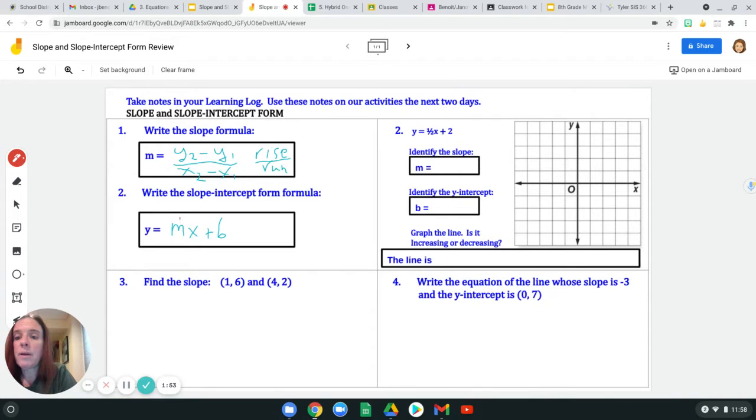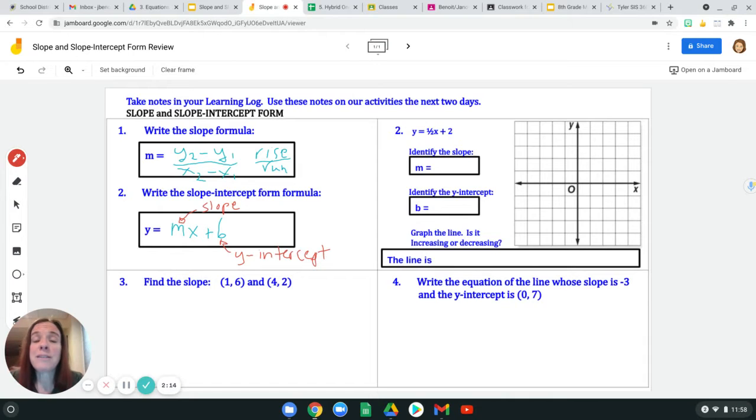You know m stands for slope, and then the b is where it crosses the y-axis, your y-intercept. Remember, y-intercept is where your line crosses the y-axis.